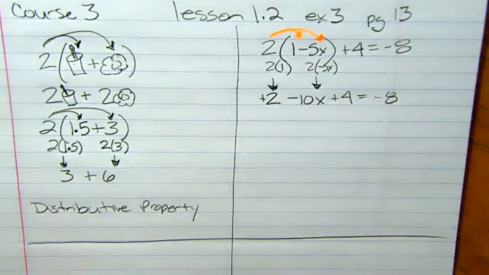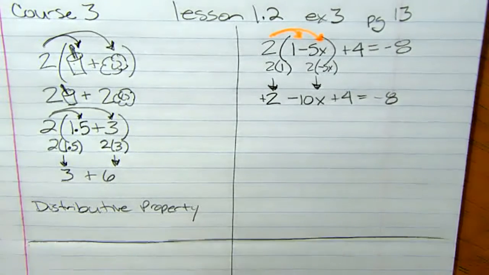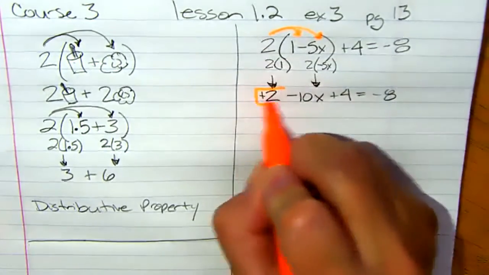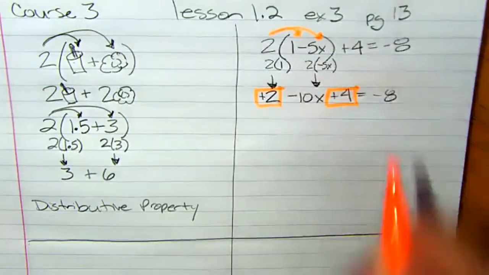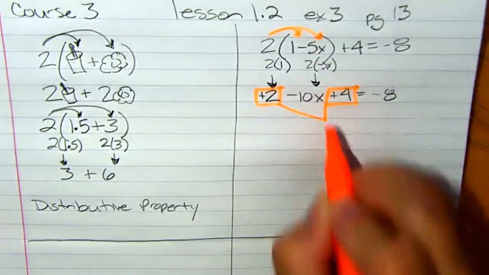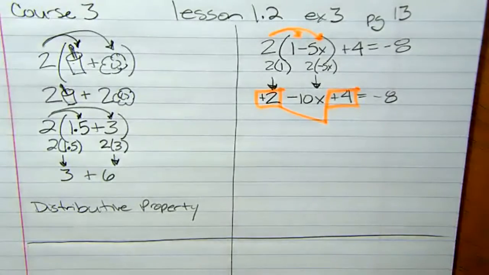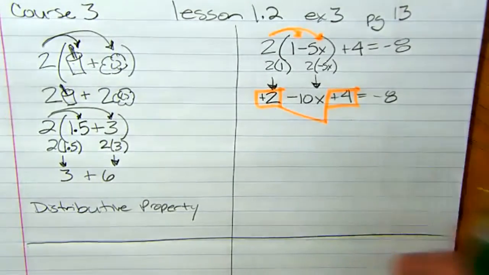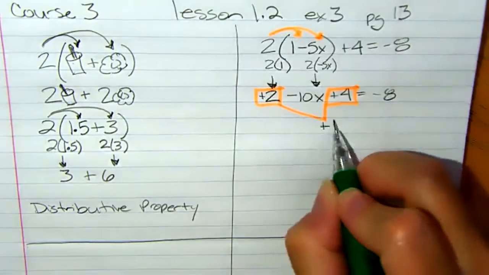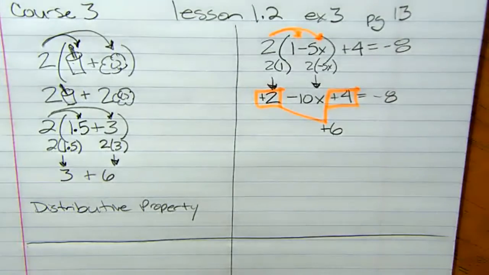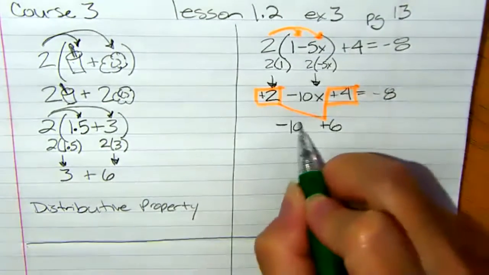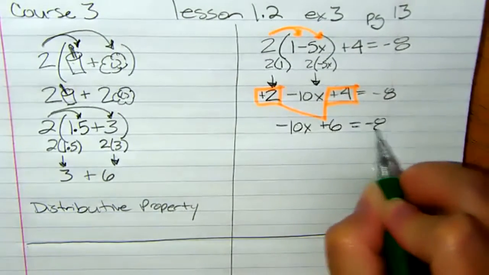Now, yesterday, we talked about combining like terms. So I need to combine my like terms. I have positive 2 and positive 4, which is positive 6. Then everything else comes down.